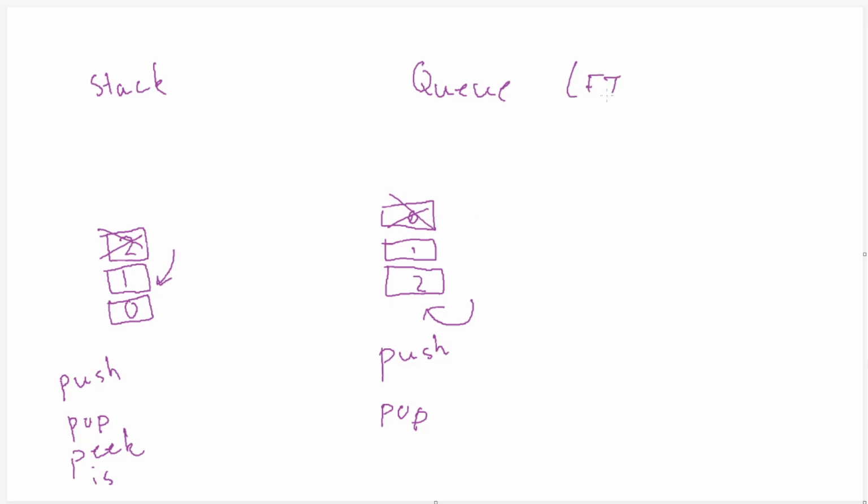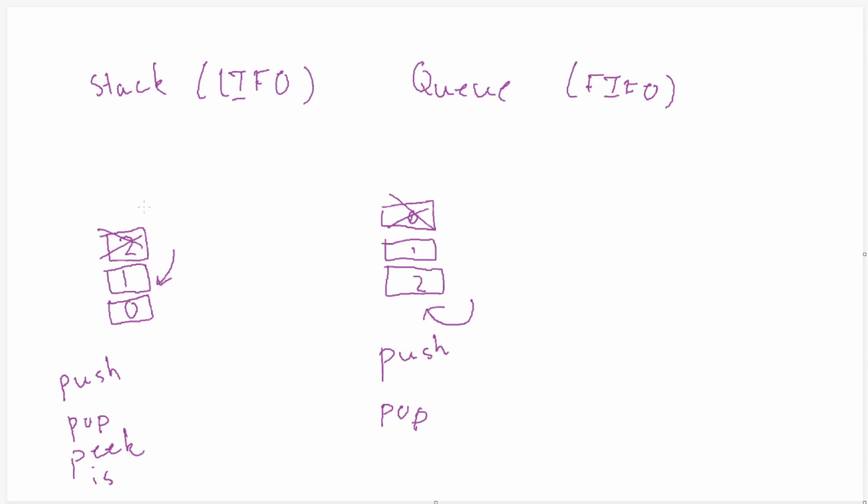So the abbreviation that is commonly used is that, and the abbreviation for this is that. Where the first one that we added, 0 in this case, is the first one that's out, and the last one that we added, in this case 2, is the first one that's out. So that's really just to convince myself I know the difference between the two.